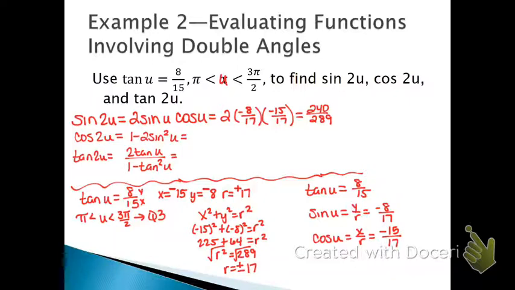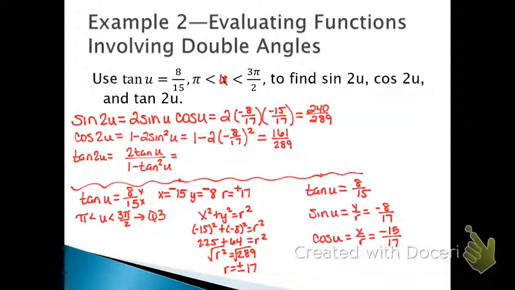Cosine of 2u, you said was 1 minus 2 sine squared of u. So 1 minus 2 times negative 8 over 17, squared. Give me that as a fraction. Good. So 161 over 289.